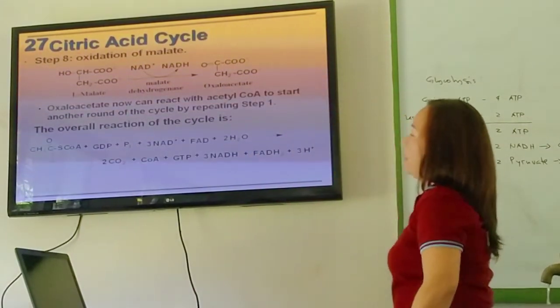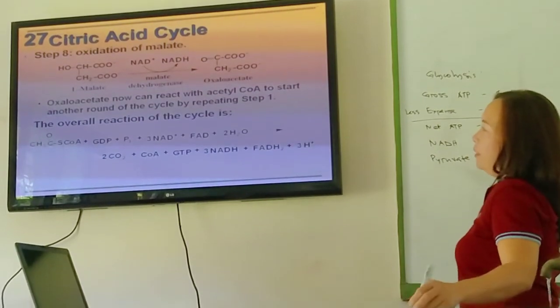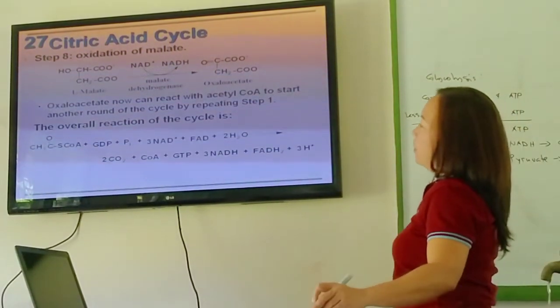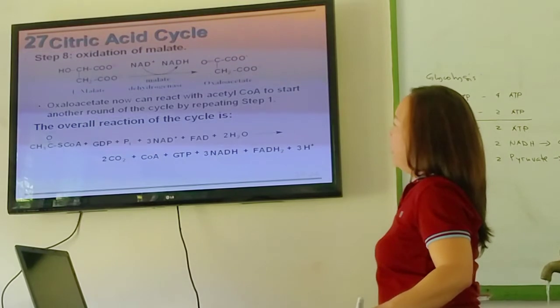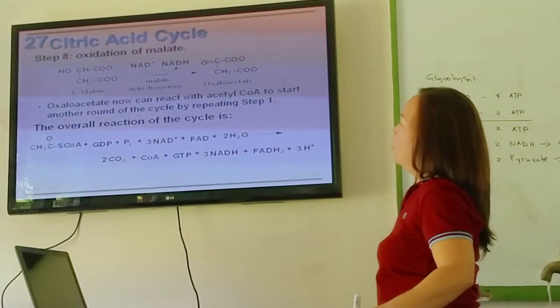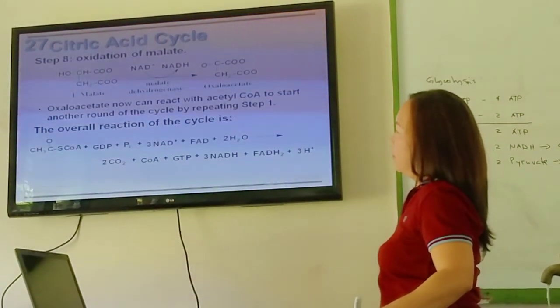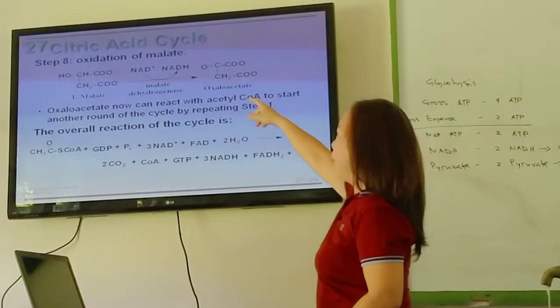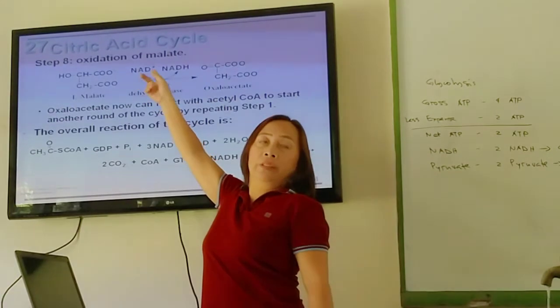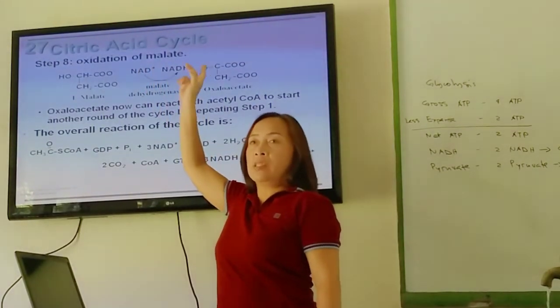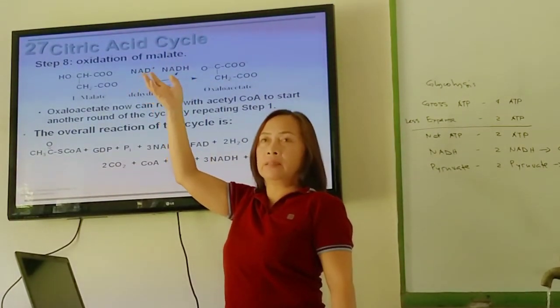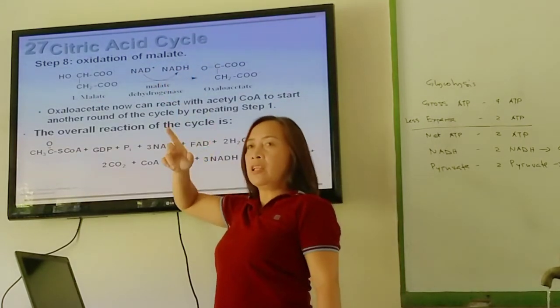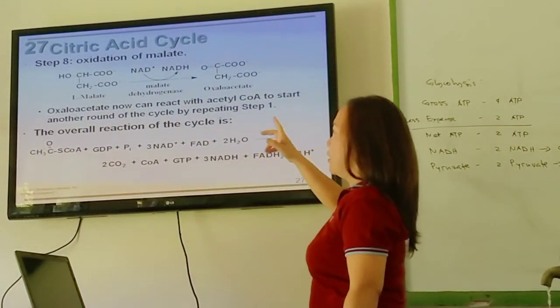Then step 8 is the oxidation of malate. So again, malate is converted into oxaloacetate. Now with oxaloacetate, there is again the release of electrons, which is trapped by nicotinamide adenine dinucleotide, which is now reduced.